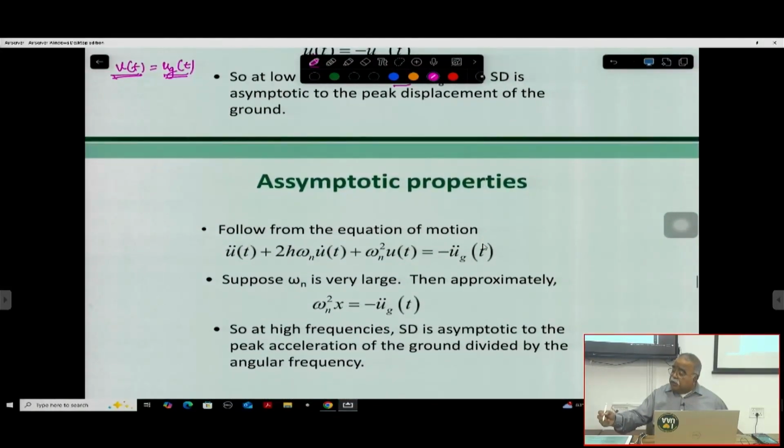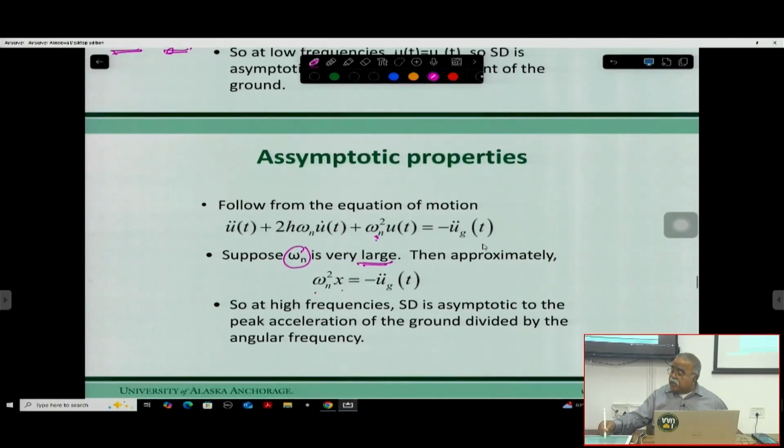Now, if the omega n is very large, then omega n squared into u will be equal to minus ug double dot, because this value is predominant. So the high frequency SD is asymptotic to the peak acceleration of the ground, right?